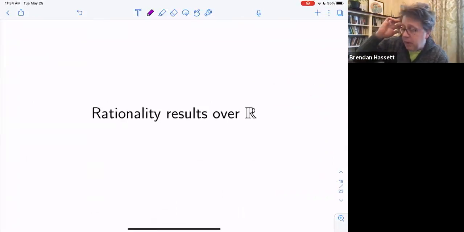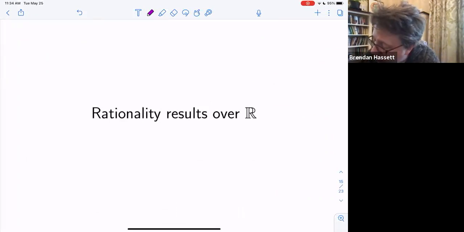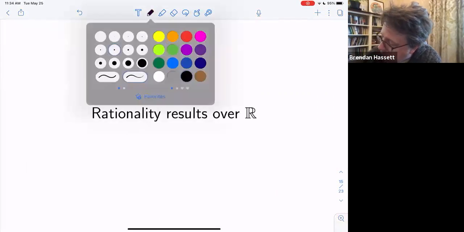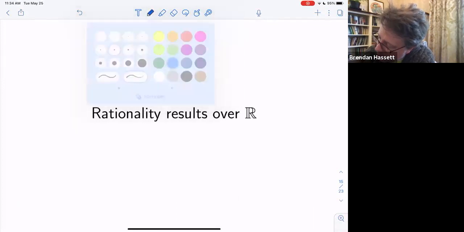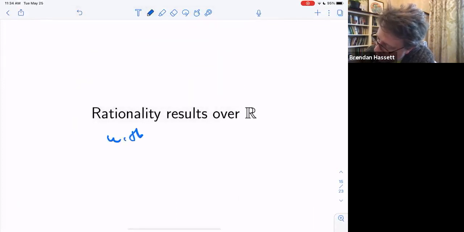So let me talk a bit about the rationality results here. Basically, the theme of the talk is rationality results over R, but with reference to our classification schemes.